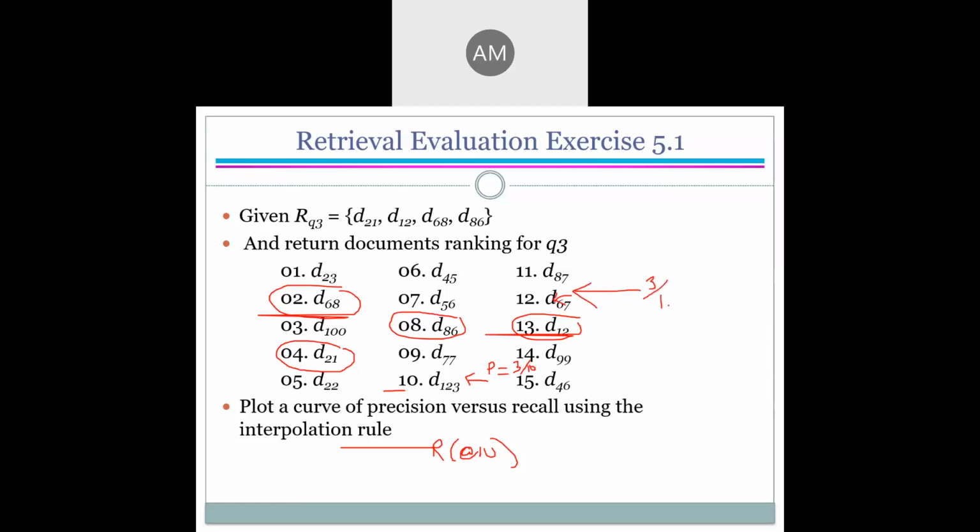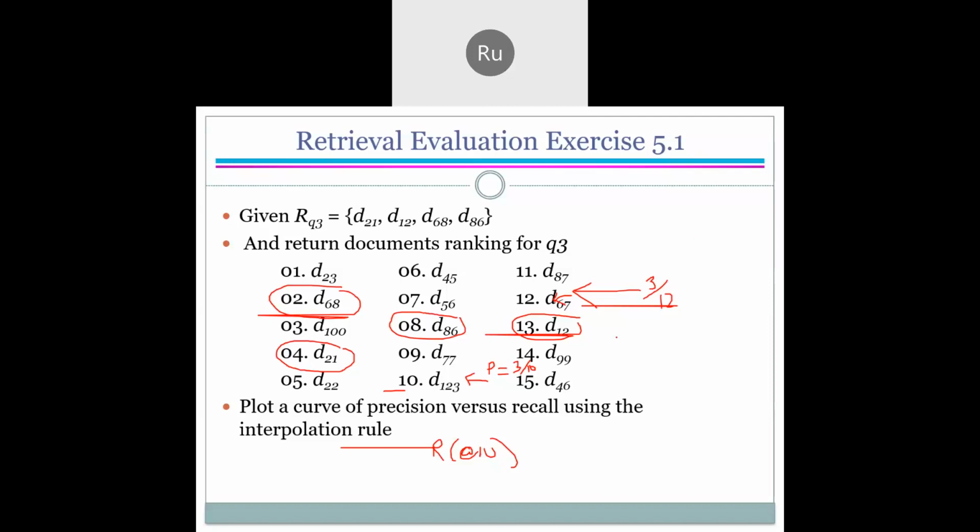Oh, 3/12. So this is what we call the single value summary, where you can pinpoint any position so that you can get the precision value there.